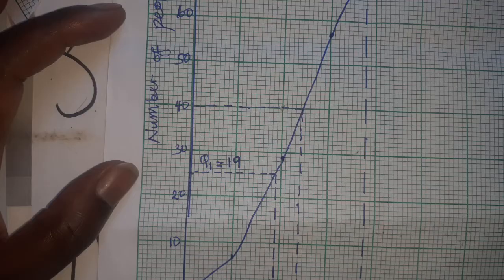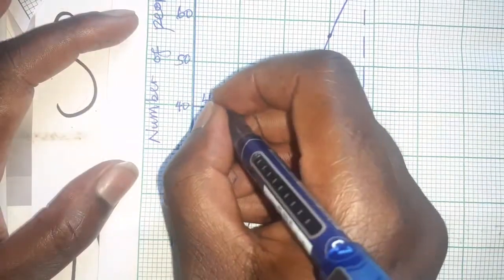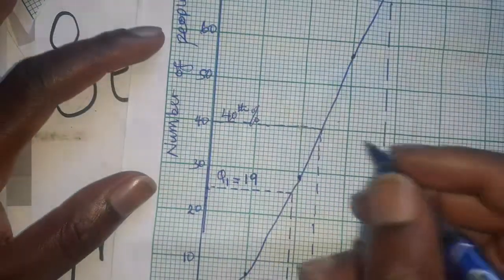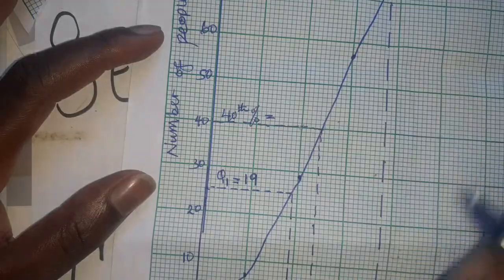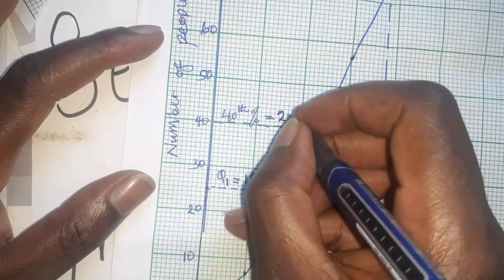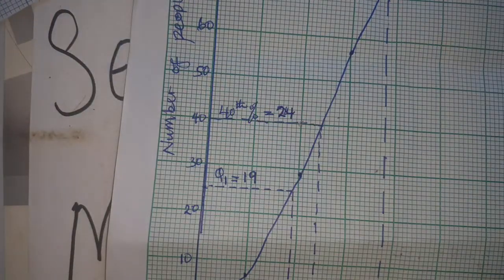What are you going to get here? You get, I think, 24. So you're going to say the 40th percentile, you write it in full. Percentile is equal to, what do you get? 24. 24, because there are questions that talk about percentiles. So I'm trying just to cover everything.